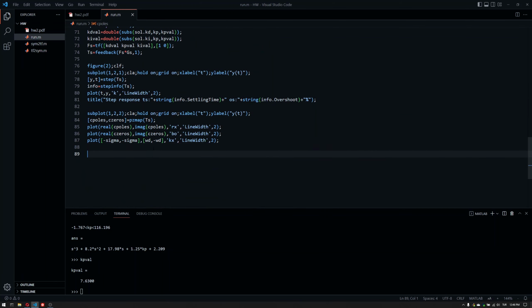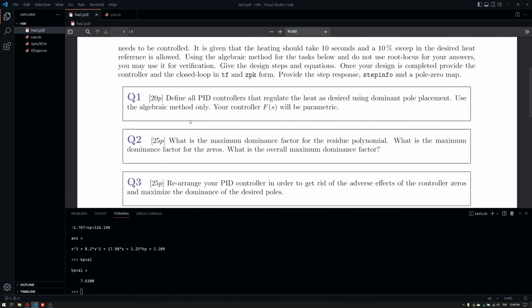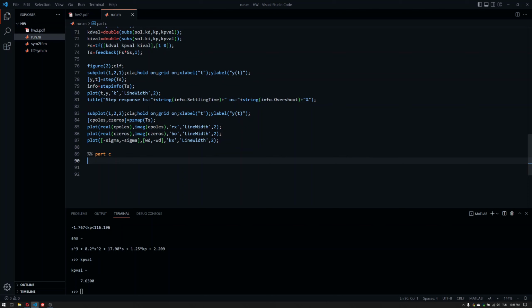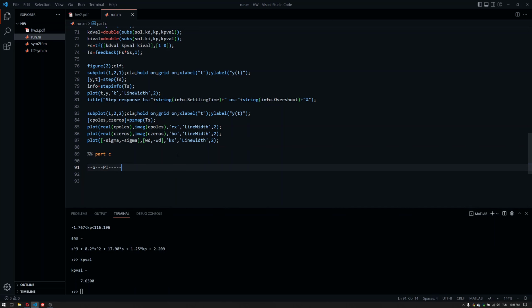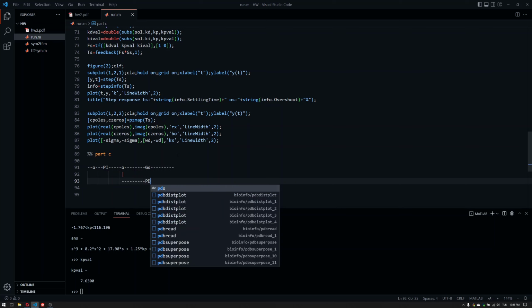This is a specific question. It actually asks us for the PI-PD controller, because rearranging and getting rid of the adverse effects of zeros means that we can rearrange our controller structure so that we have a PI part here, and then we have an inner loop. Then there will be the system here, and then we will add the PD controller here.